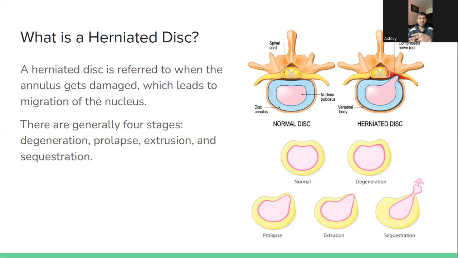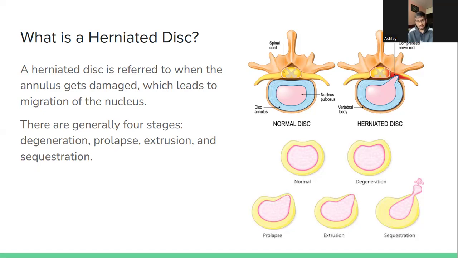This is when it becomes a problem. We already discussed that discs are avascular with no blood supply, so how will pain come? There are no pain receptors as well. So if you're feeling pain in the lower back, and if it is a herniated disc, it is very likely compressing a nerve root, which is why you're feeling pain.